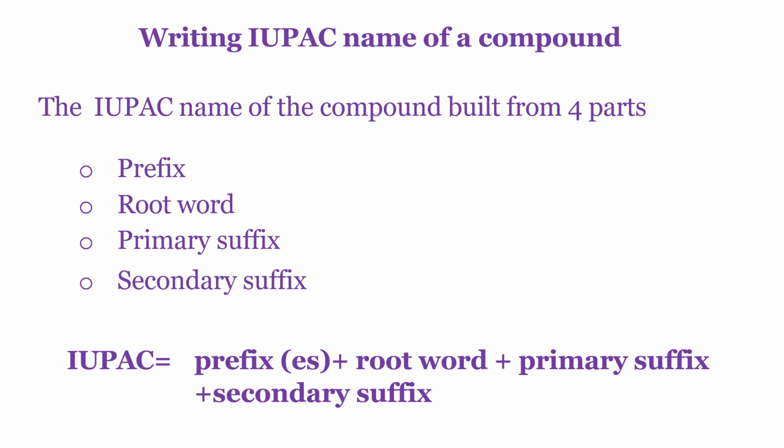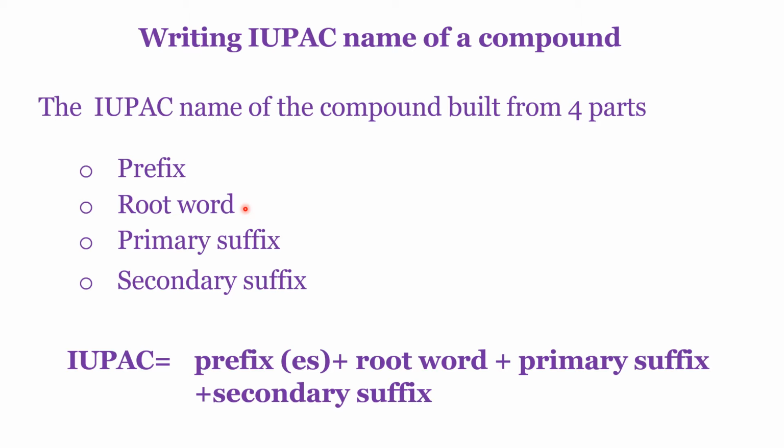As per the IUPAC system, the name of an organic molecule consists of four parts. The first one is prefix, which gives us information about the substituents. The second one is root word, which gives us information about the number of carbons present in the given organic molecule.